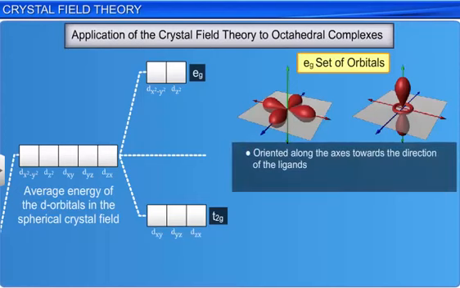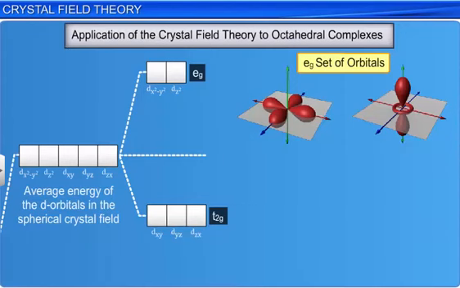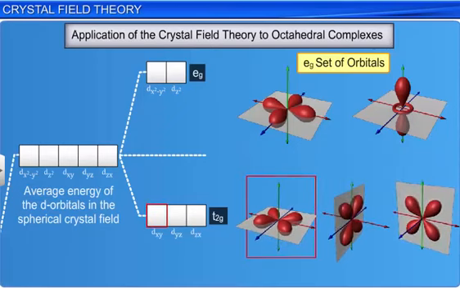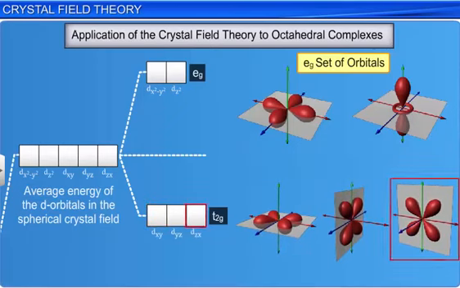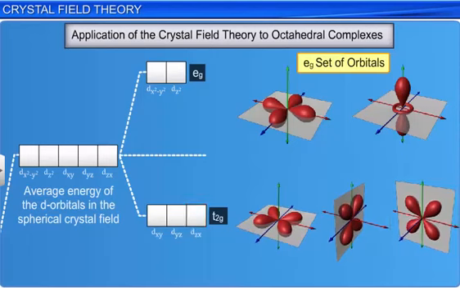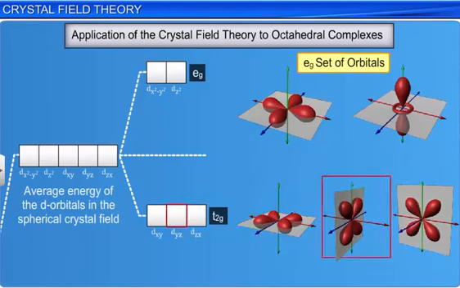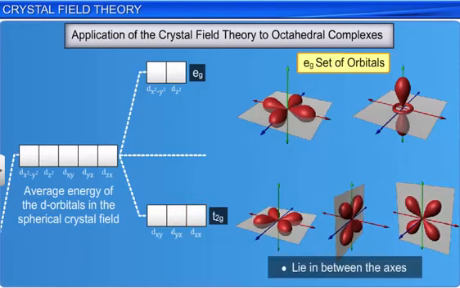Thus, the Eg set of orbitals will experience more repulsion than the remaining 3 d orbitals, that is, the dxy, dxz, and dyz orbitals, which lie in between the axes. These 3 d orbitals are collectively known as the T2g set of orbitals.